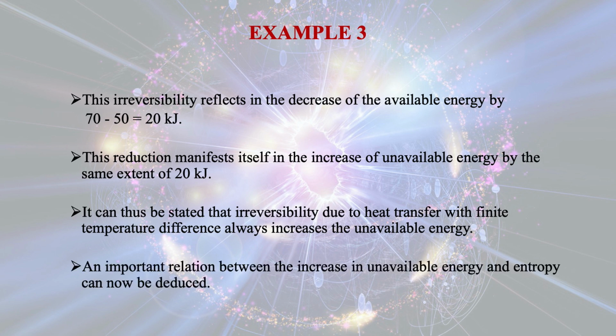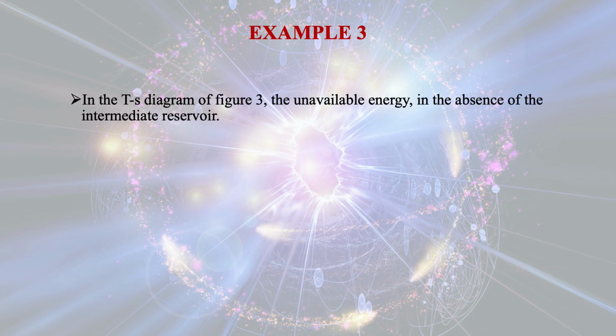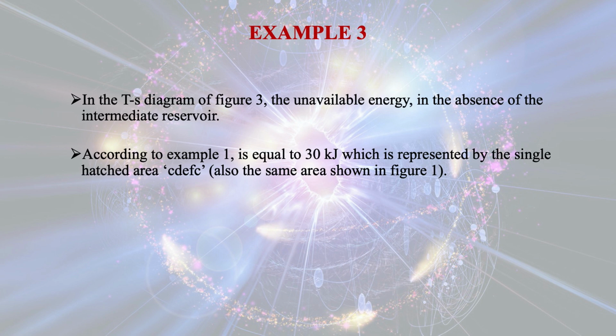An important relation between the increase in unavailable energy and entropy can now be deduced in the TS diagram of figure 3. The unavailable energy in the absence of the intermediate reservoir according to example 1 is equal to 30 kilojoule, which is represented by the single hatched area CDEFC in the figure.